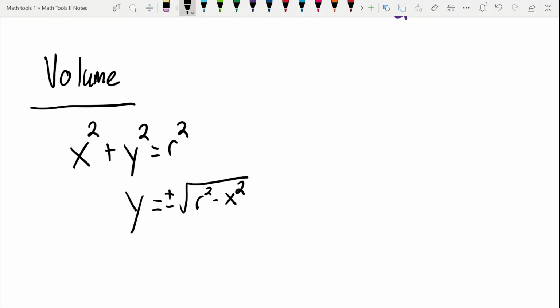So this gives us the radius of... specifically, if we just look at half of this, then this gives us a formula for the radius of the cross section, the slice, in terms of y.